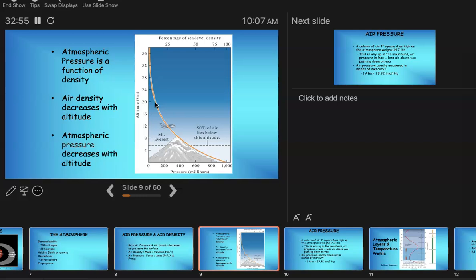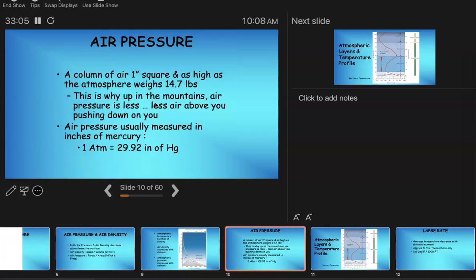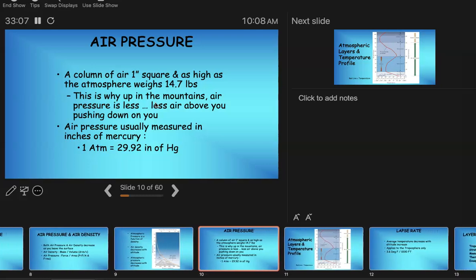So the text on here just sort of reiterates what we talked about in the previous slide. This was more for the graphic. All right, so what is air pressure? Well, we told you what air pressure is by definition.